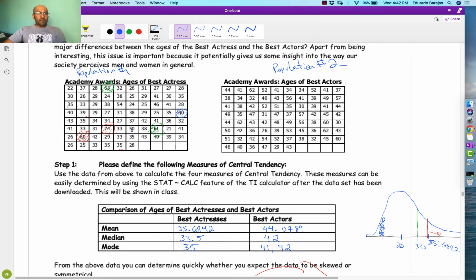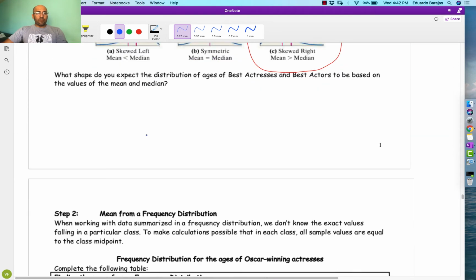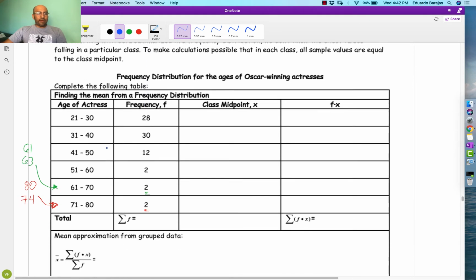So that one is not in the category we want. There we go, 54. A 54-year-old and a 60-year-old. So a 54 and a 60. These 2 ladies belong in this category, and that's why there's 2.